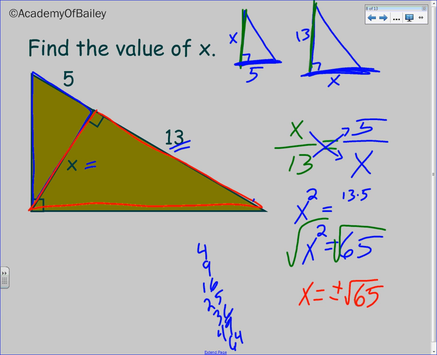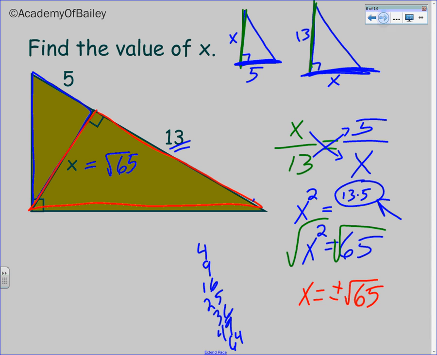None of those go into 65. But going back to what we started with, 13 and 5 were both prime numbers. You couldn't factor 13 and 5 to get a simplified radical here. So x is equal to the square root of 65.